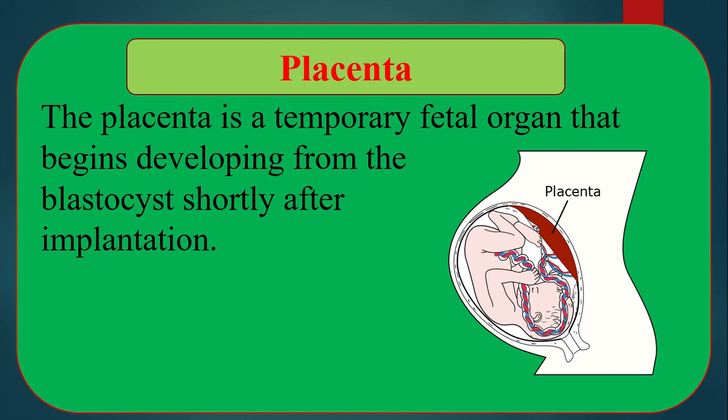During pregnancy, waste products and essential materials are exchanged between the mother and fetus through the placenta. Placenta contains a huge amount of blood capillaries. The embryo is attached to placenta by a tube called umbilical cord.